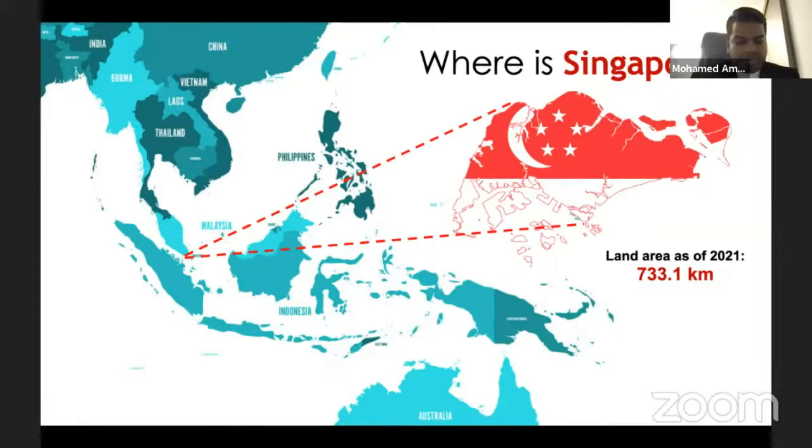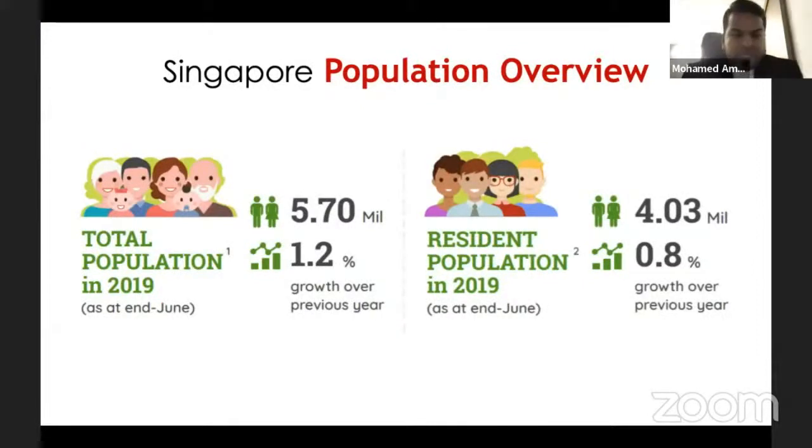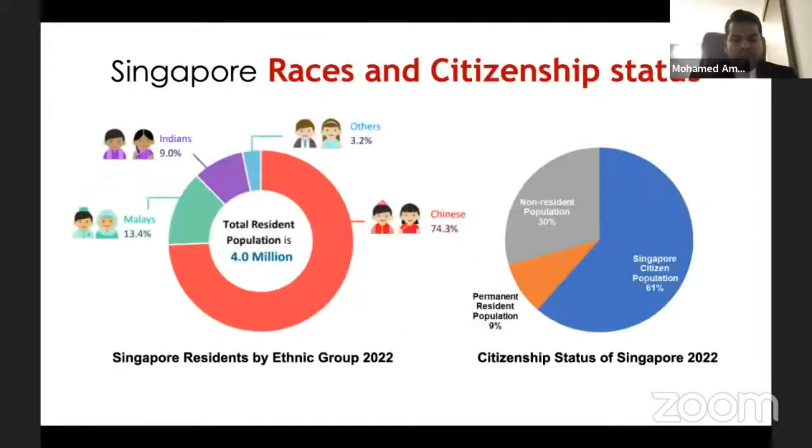The total population in Singapore is 5.7 million, and the resident population is 4 million, organized by Chinese, Malay, Indian, and others. We have Singapore citizens, non-residents, and permanent residents.